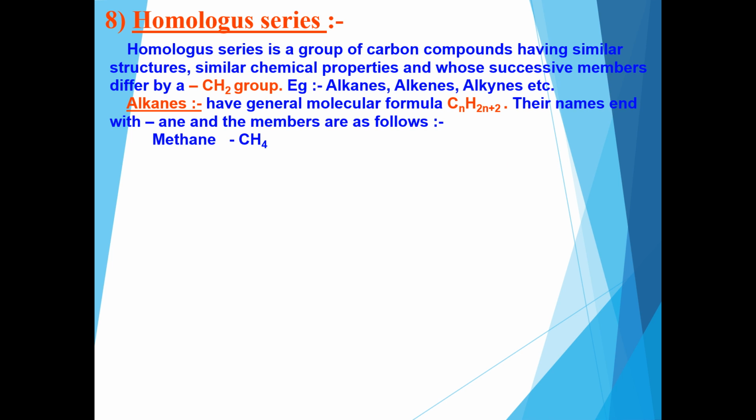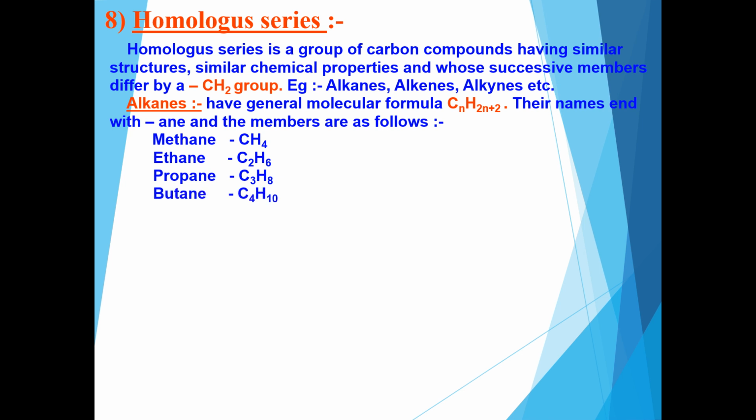Alkanes, students, alkanes are having general formula CnH2n+2. Their names end with "ane", where n is the number of carbon atoms. For example, if the n value is 1, then the first member will have formula CH4. If n value is 2, the second member will have formula C2H6.